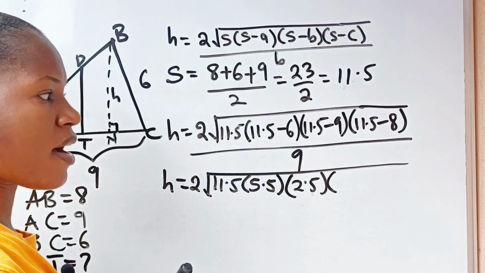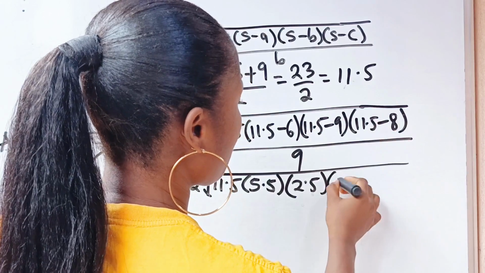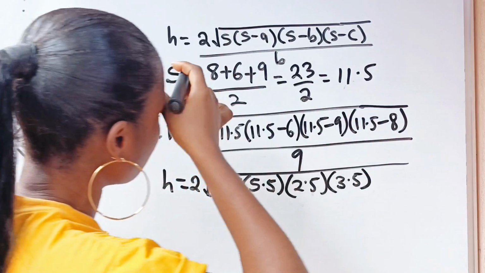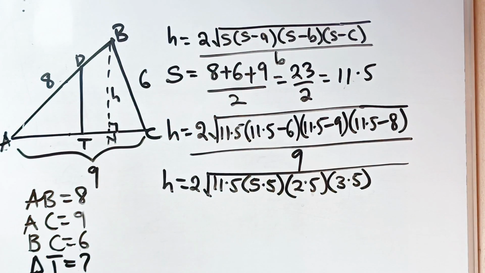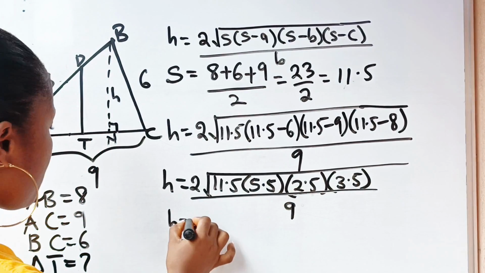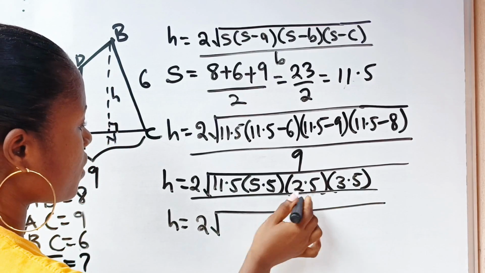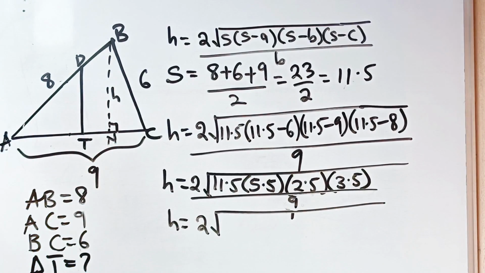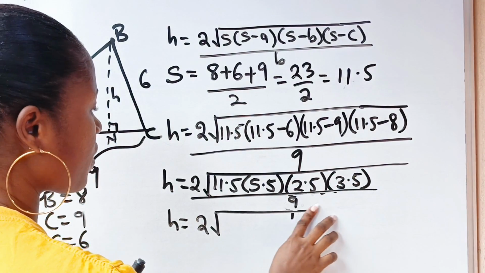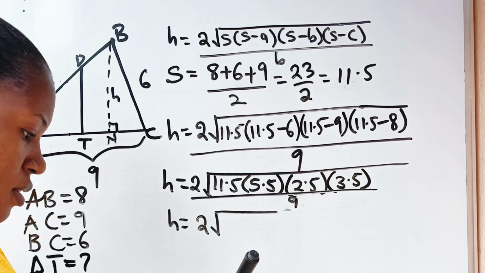Then 11.5 minus 8 gives us 3.5. Now everything divided by 9. Let's multiply everything we have inside this bracket. Like I said, we'll be making use of our calculator.